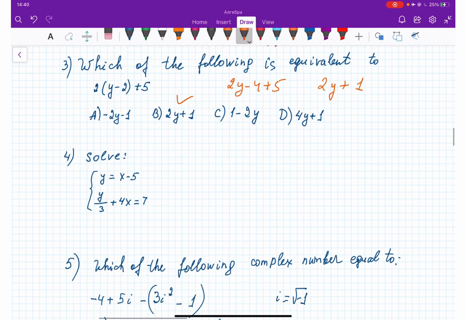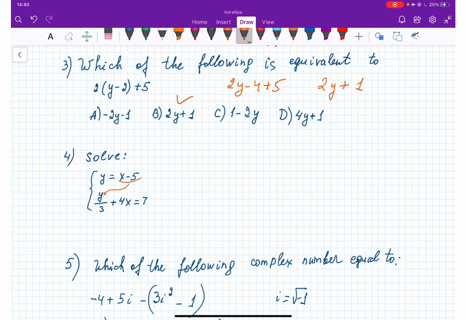Question number 4. Wait a minute, number 4, I'm reading 5. Solve. y is equal x minus 5, y over 3 plus 4x equals 7. Since I have y over 3, it makes sense to replace this y with x minus 5.